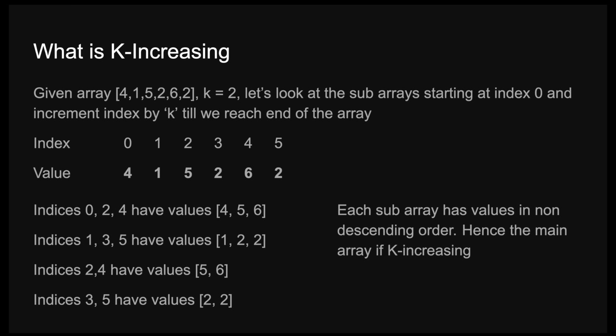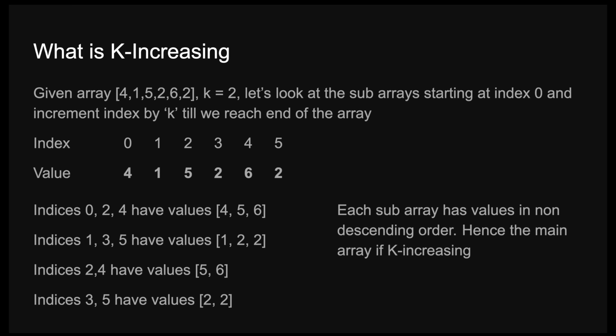So given an array with values 4, 1, 5, 2, 6 and 2 and with k equals 2, let's look at the subarrays starting at index 0 and increment the index by k till we reach the end of the array.